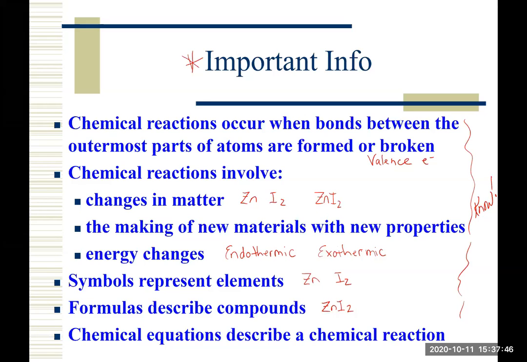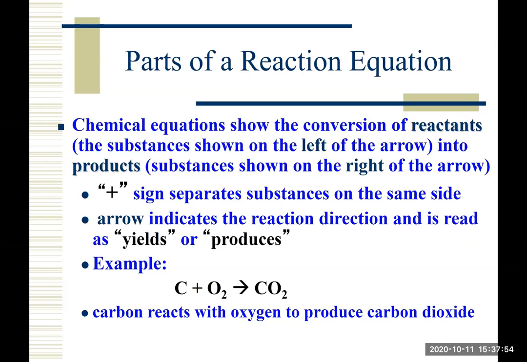What we're going to start focusing on is how chemical equations now describe a chemical reaction. The parts of a chemical reaction equation include the reactants, which are shown to the left side of an arrow, and the products, which are substances shown on the right side of that arrow.